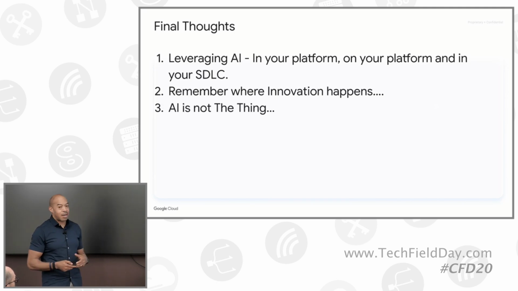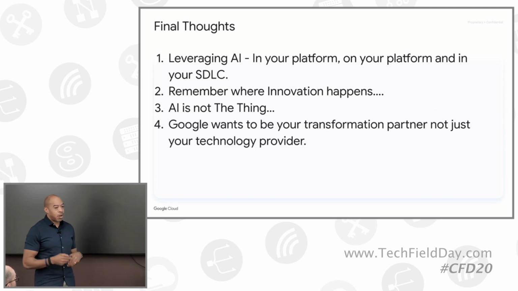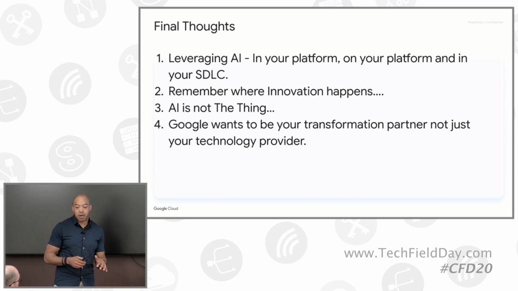We talked about AI not being the thing, right? It's the thing that makes the thing better. We want to be your transformation partner, not just your technology provider. I thought Nima's transparency was really powerful. There are lots of ways you can do things, and some of the stuff we have to figure out together because there are multiple options, and Google tries to give a lot of two-way door decisions where you're not locked into technical debt or going down a dead-end street.